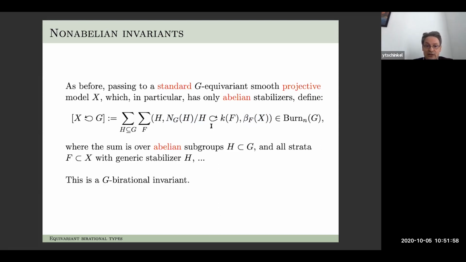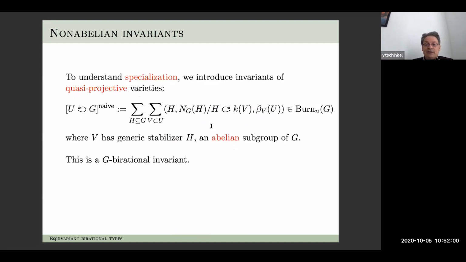Now, you would like to understand specialization. And specialization entails recovering sort of the birational type of the variety from some kind of smaller dimensional loci, some combinatorics of strata in smaller dimensions.